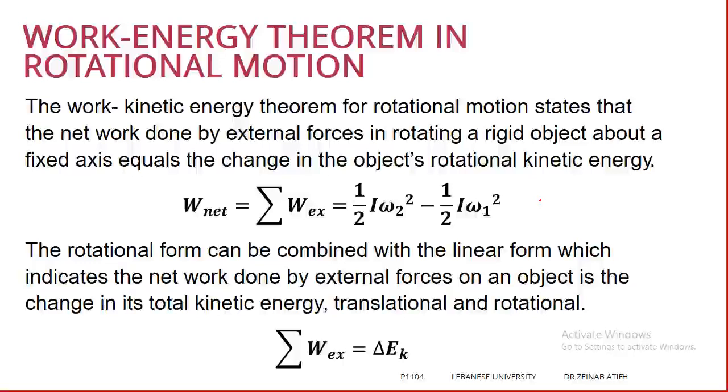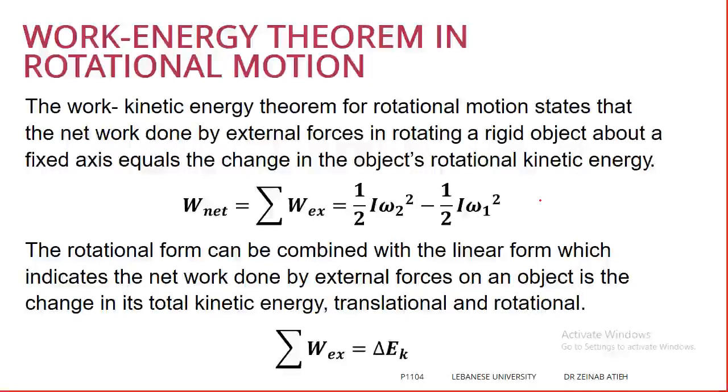So the work kinetic energy theorem for rotational motion states that the net work done by external forces in rotating a rigid object about a fixed axis equals the change in the object's rotational kinetic energy. So it simply holds for an object in rotation.